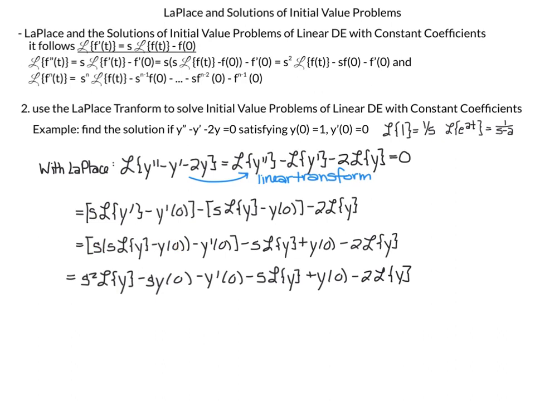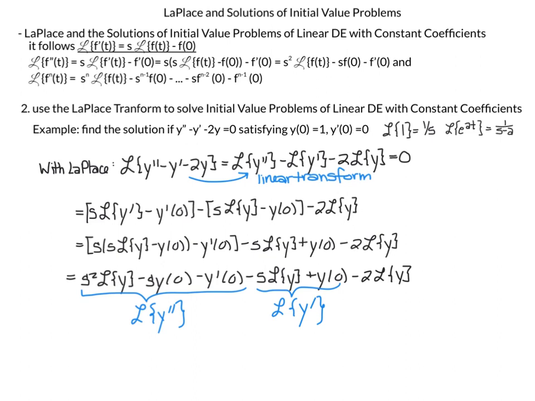Then we still need to multiply by s, and we have our y prime of 0. This stays the same, it gets carried down as well. So now we have s squared L of y minus s times y naught, minus y prime of 0, minus s L of y plus y naught, minus 2 L of y.